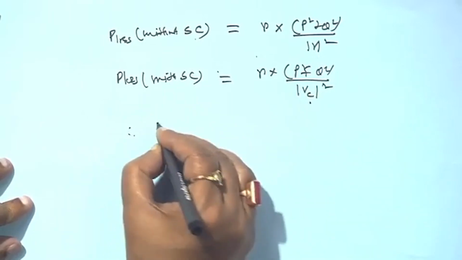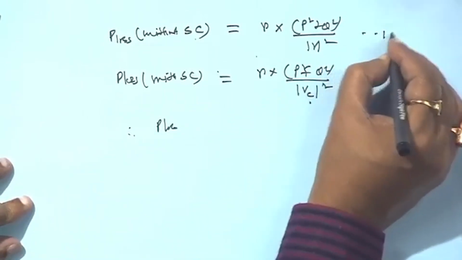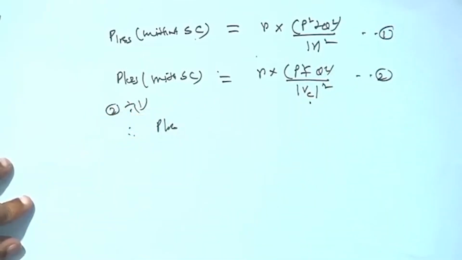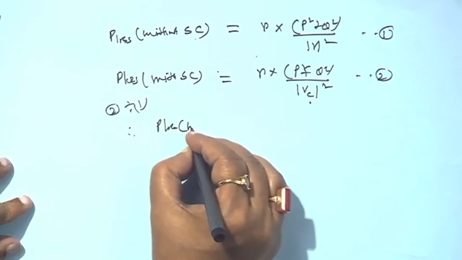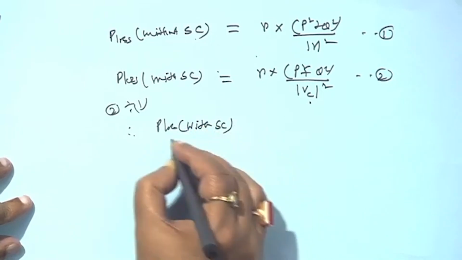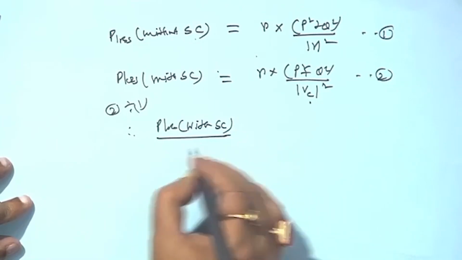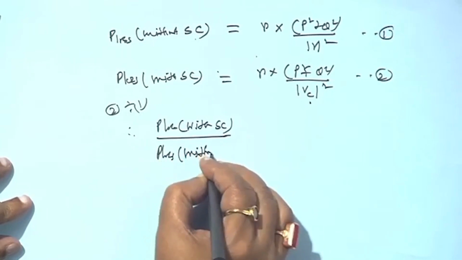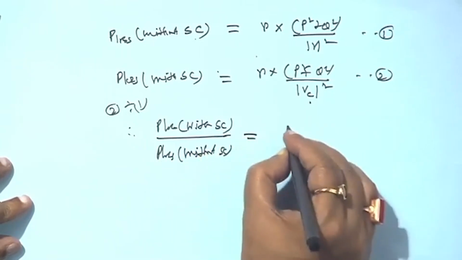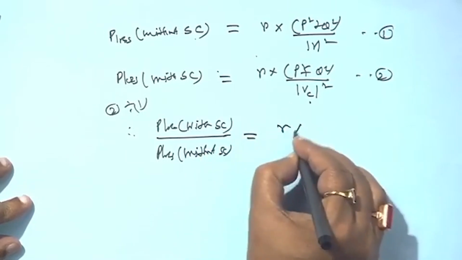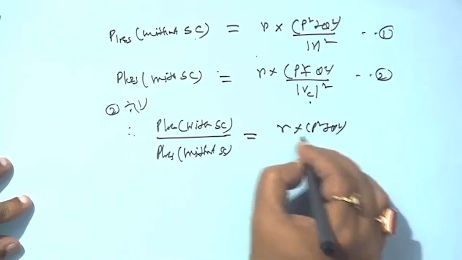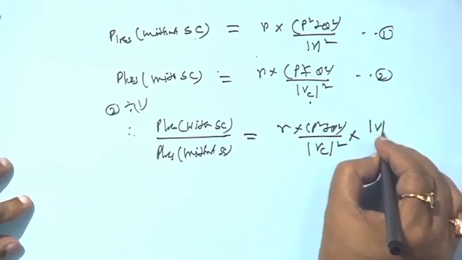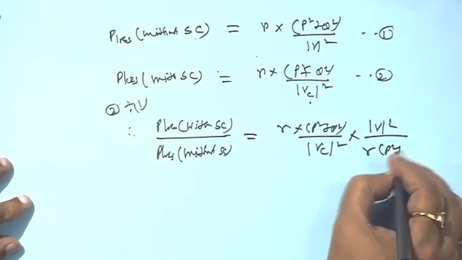Now suppose this is equation 1 and this is equation 2. Dividing equation 2 by 1, P loss with series capacitor, not shunt capacitor, divided by P loss without series capacitor: R into P square plus Q square upon Vc square, into V square divided by R into P square plus Q square.